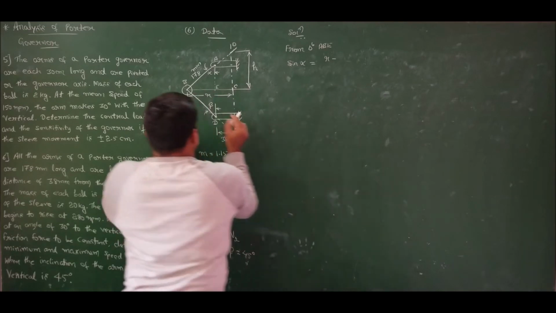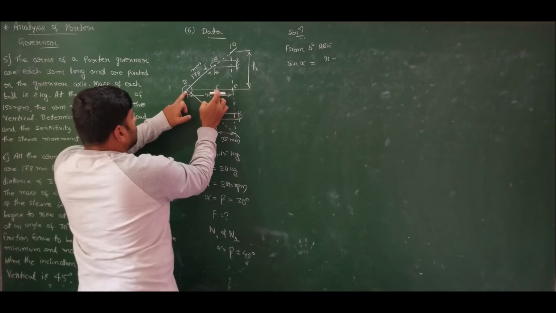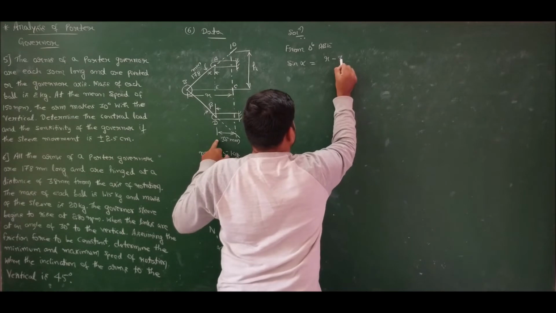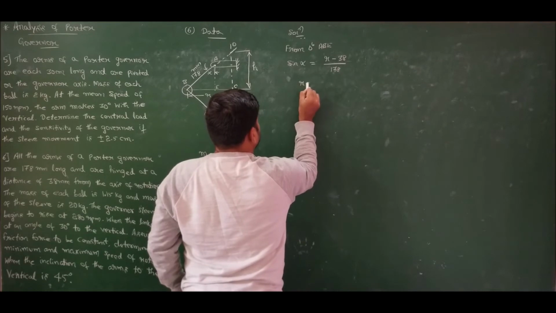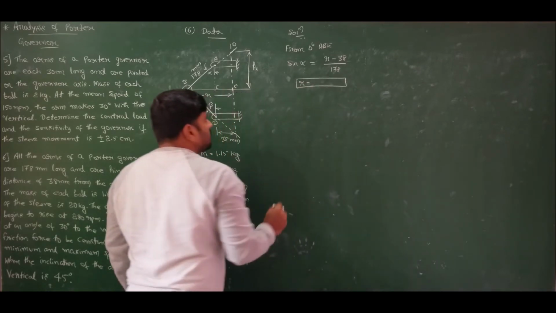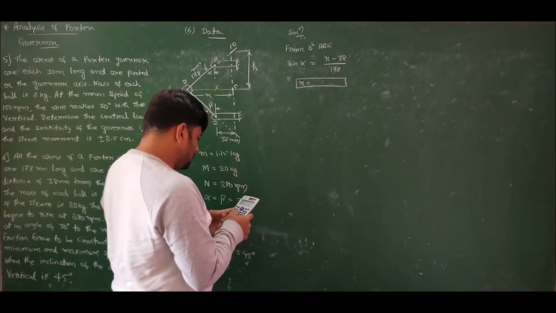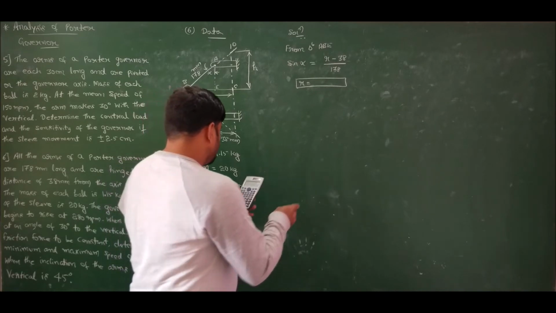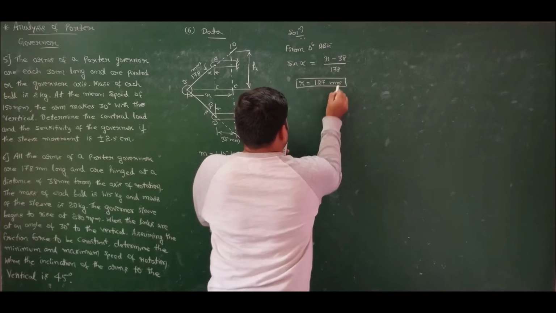Opposite side is BE. BE is how much? BC minus EC. That is R minus 38 mm divided by 178. So therefore I will get the radius of rotation. Sine of 30 degrees must be equal to R minus 38 divided by 178. If I solve, I will get the value of R as 127 millimeters.